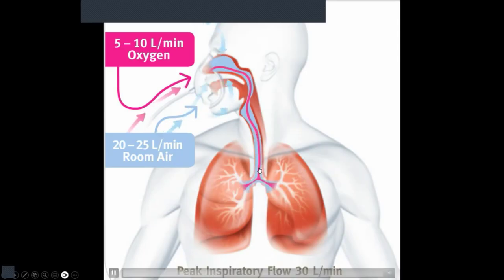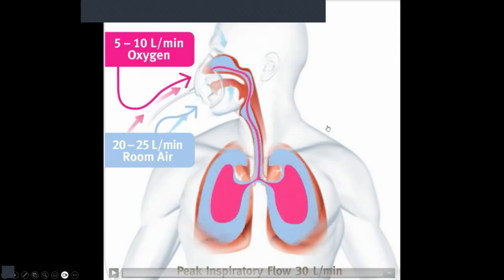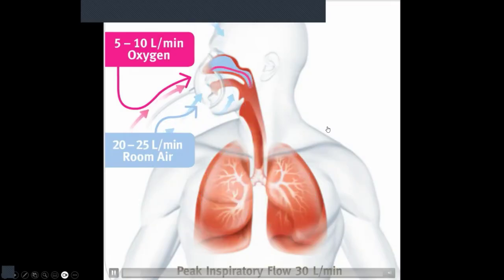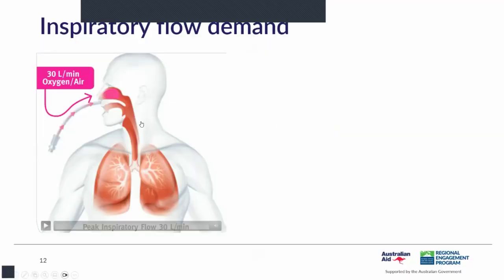However, let's move on to the same patient, but now we have provided him with high flow via the Airvo. And we are giving him 30 litres a minute of oxygen and air.